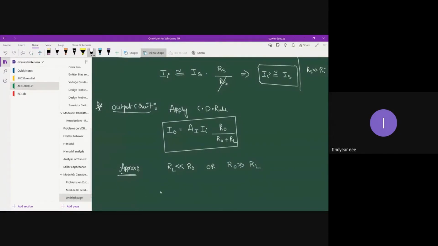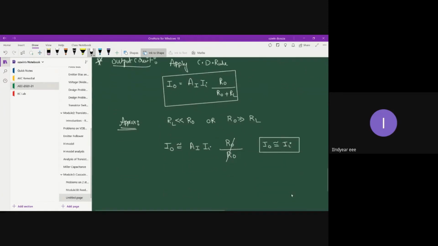If that is the case, you would get I0 approximately equal to Ii into Ai into R0 divided by R0. The R0 terms cancel out, hence you will be left with I0 approximately equal to Ii. So that's your approximate expression.